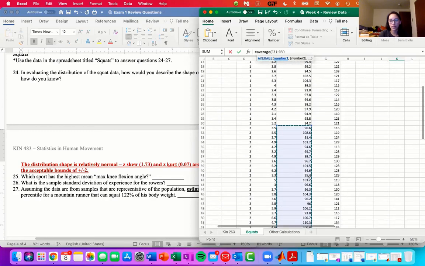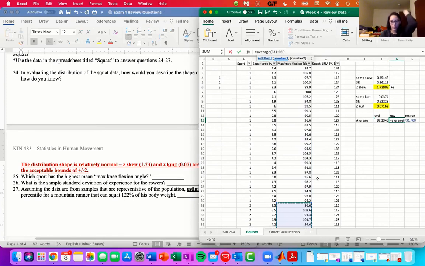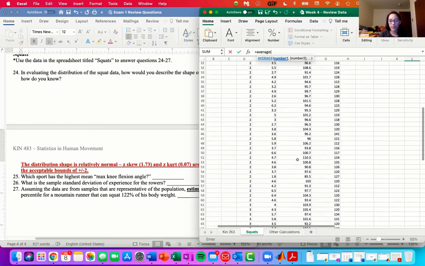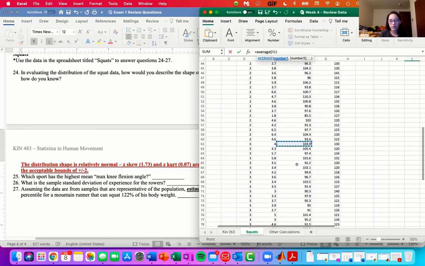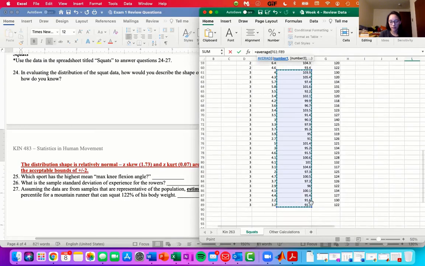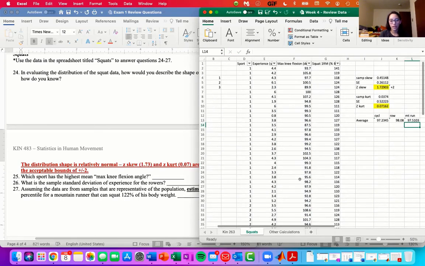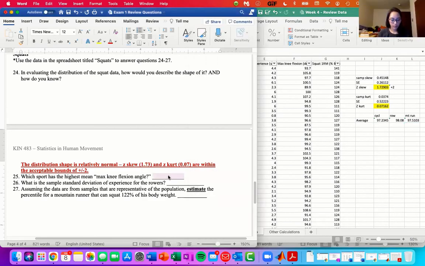This is very similar to the coughing, wheezing, COPD question that you had in terms of chunking information. All right, and then last but not least, I can find the average of anybody who has a data label of 3, which indicates that they are a mountain runner. Okay, so which group has the highest mean knee flexion angle? Rowing. My rowers, right? So that would be my answer for that one. Rowing.